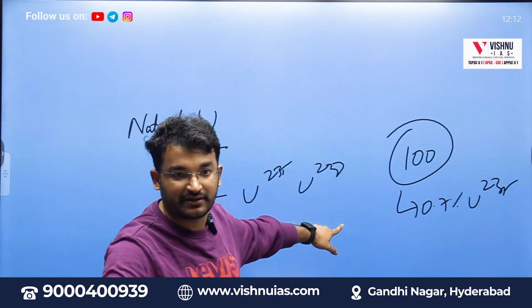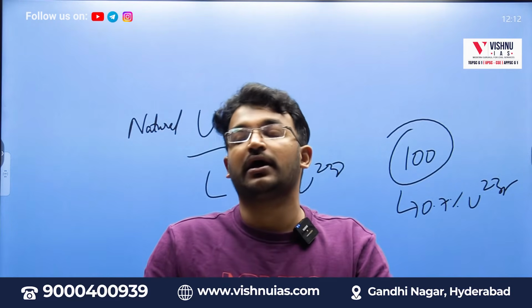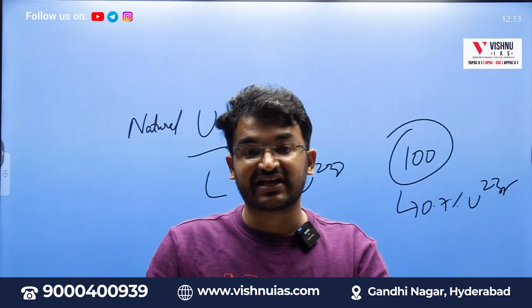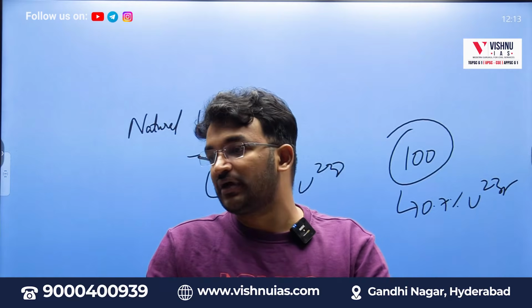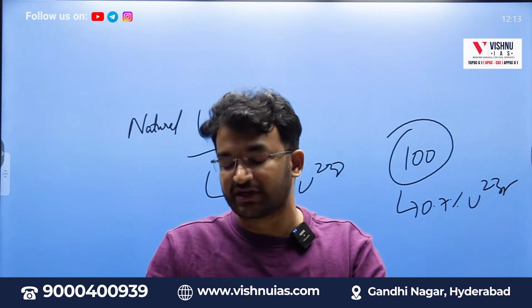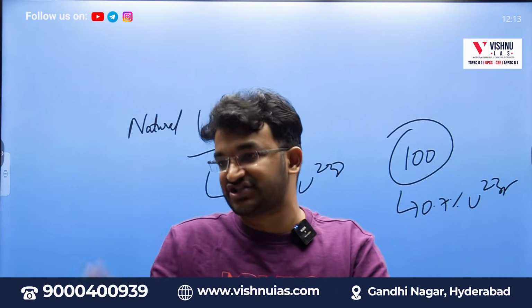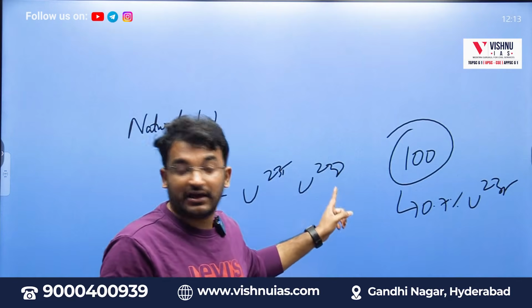90% enrichment is needed. Now, recently you might have seen in the news, Israel and USA have together destroyed the nuclear bases of Iran. Natanz and Fordo nuclear bases they had destroyed. The reason is that they are trying to enrich.